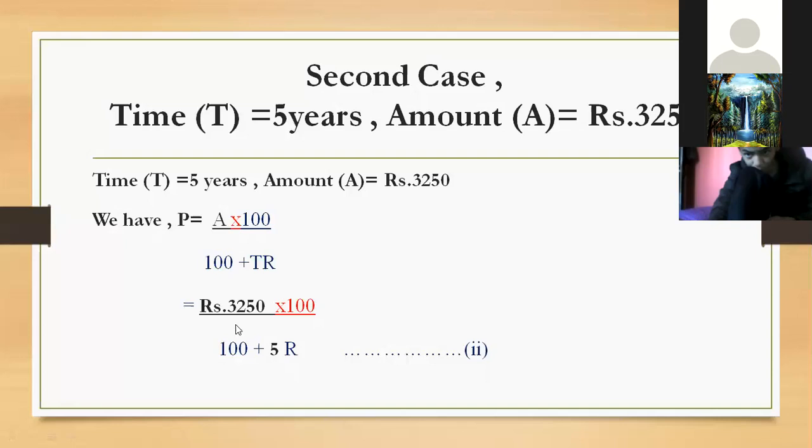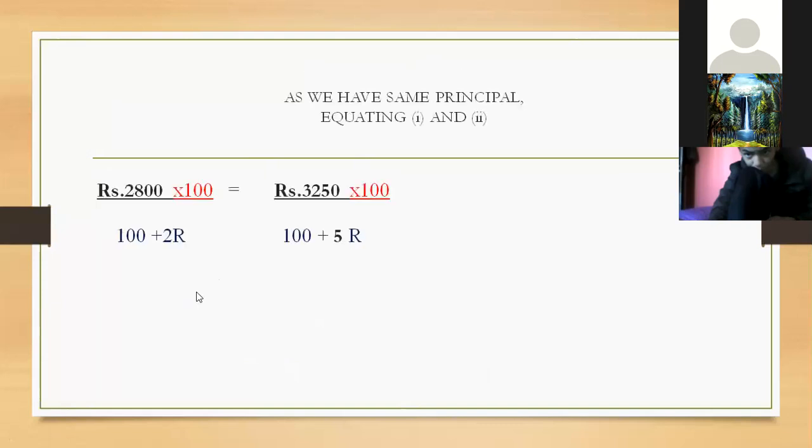First case and second case, both values are the values of P, the principal. That's why we have to equate them, make them equal. Then the answer will come like this. 100 will be cancelled here.